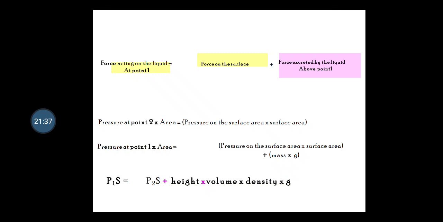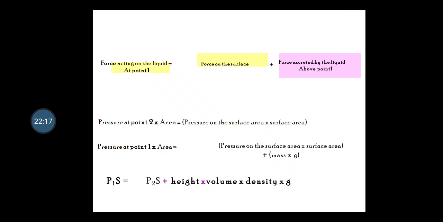So we'll have to substitute this force with pressure multiplied by area of cross section S in equation 1, which gives the pressure at point 2 multiplied by area. It is exactly equal to the pressure on the surface multiplied by the surface area, where the pressure at point 1, denoted in the figure and multiplied by the area, is equal to the pressure on the surface multiplied by the surface area plus mass into g.